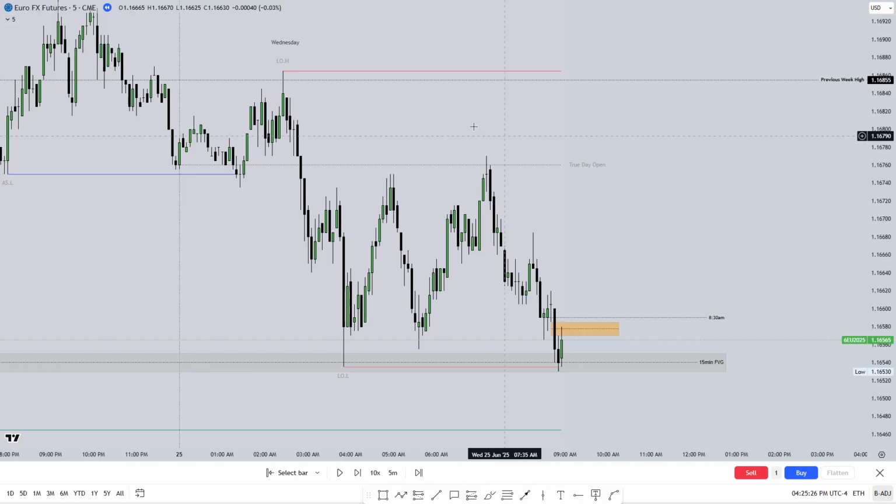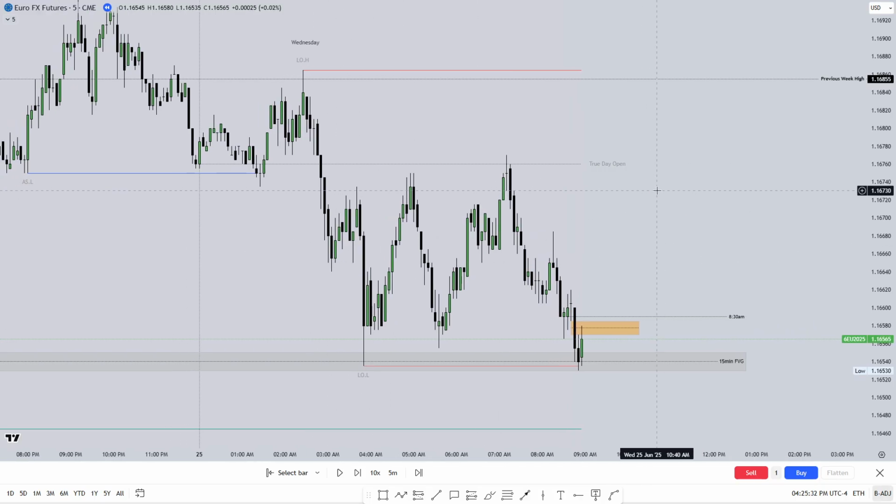A dealing range is when a high and a low has been taken and you're looking at that price leg. So if we're looking at where we're at in price right now, what low did we just take? It's the London low right here. We just created a swing low right here.